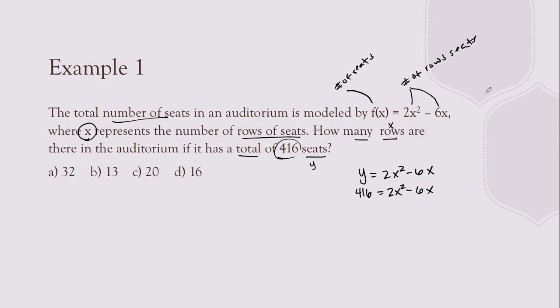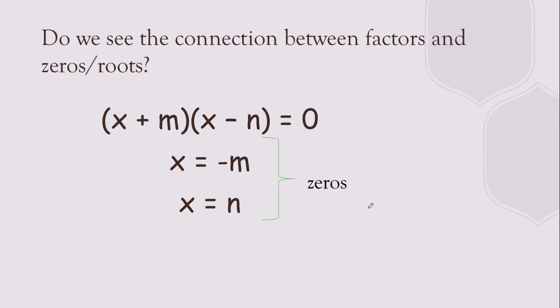Now, on all of these problems, when you're looking for the answer to x, the solution, you don't want your y value to be any number except 0. So when you're looking for the solution in a quadratic, you want your y value to be 0. Why?